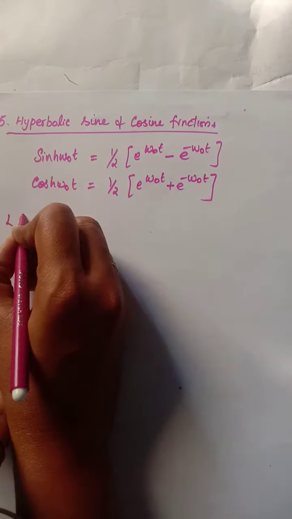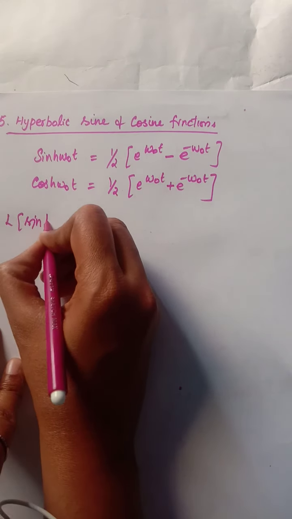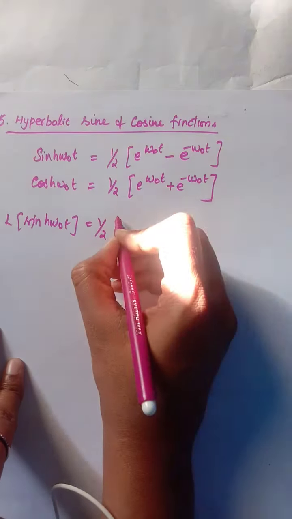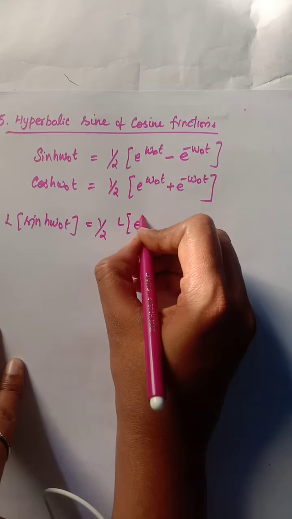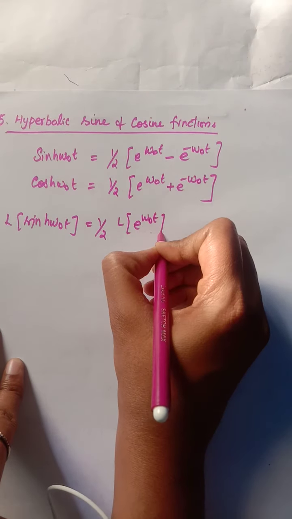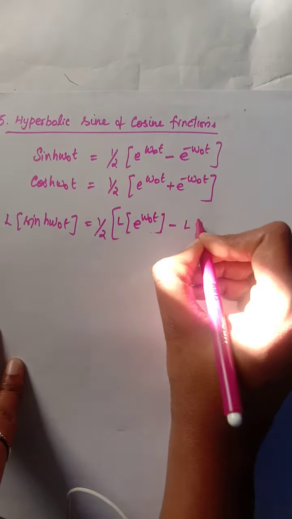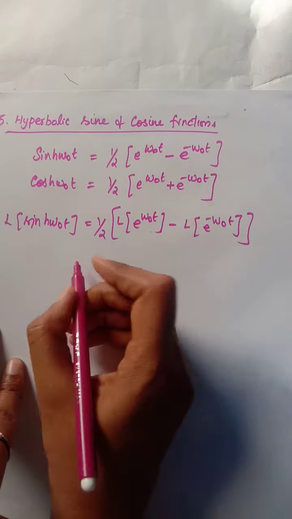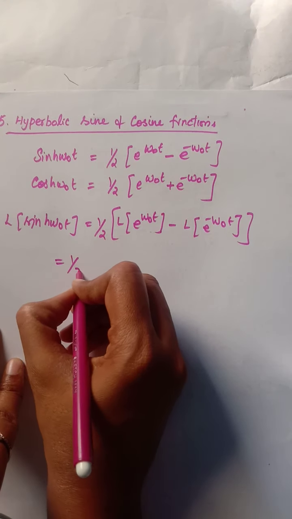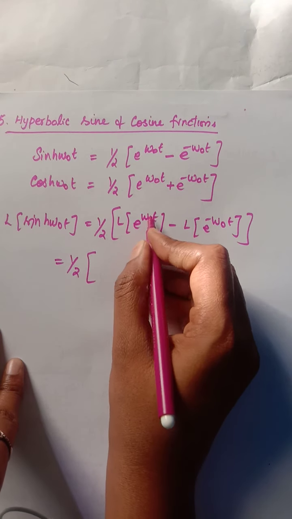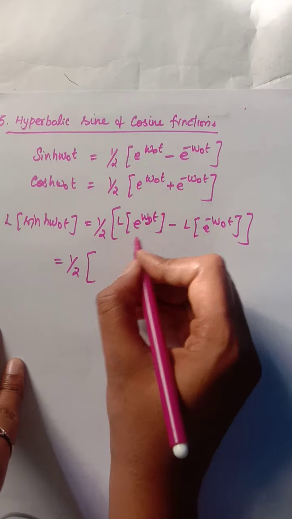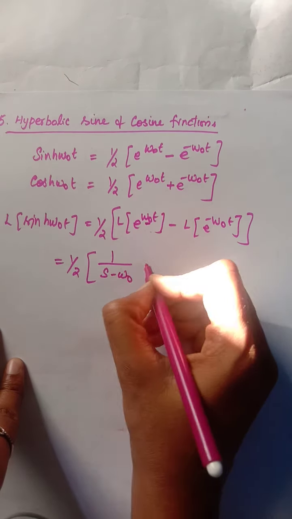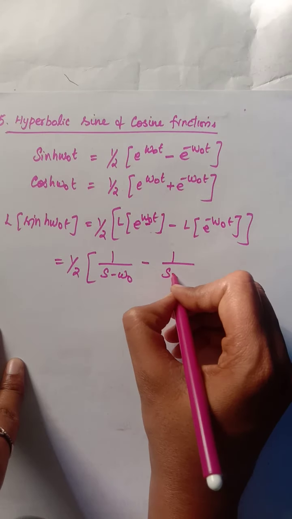I am going to find the Laplace transform of sinh omega naught t, which is equal to 1 by 2 Laplace transform of e power omega naught t minus Laplace transform of e power minus omega naught t. Here 1 by 2 is common. The Laplace transform of e power at, with omega naught instead of a, is 1 by s minus omega naught minus 1 by s plus omega naught.